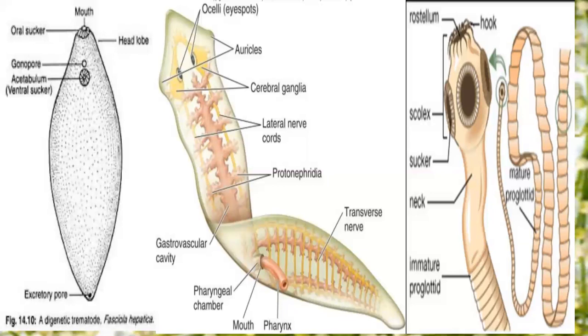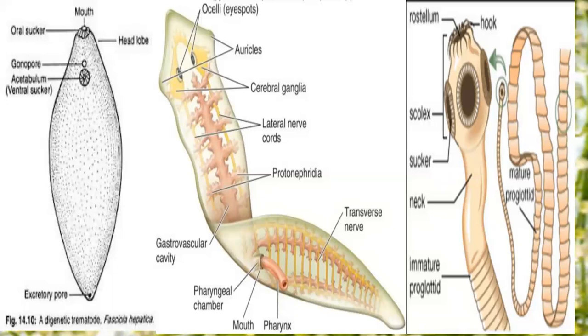It has a bifurcated, highly branched digestive system. The anus is absent in them. Each liver fluke has both male and female reproductive organs inside. It causes serious damage to the liver of infected cattle.